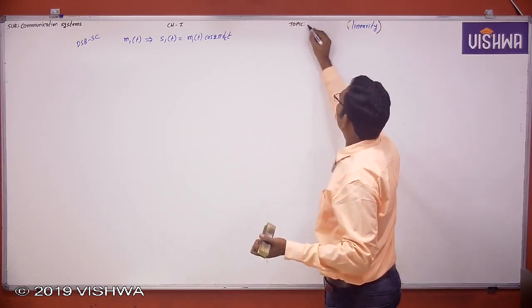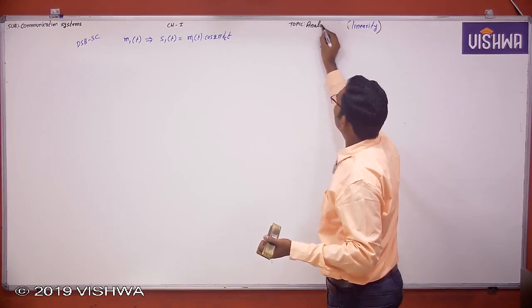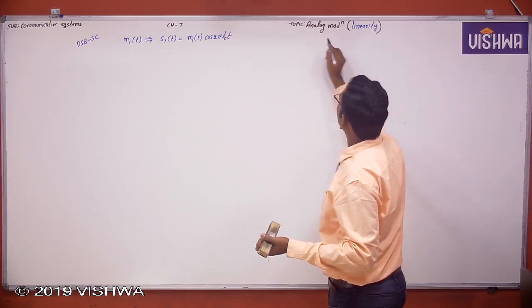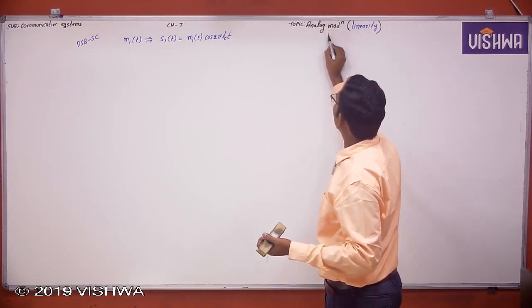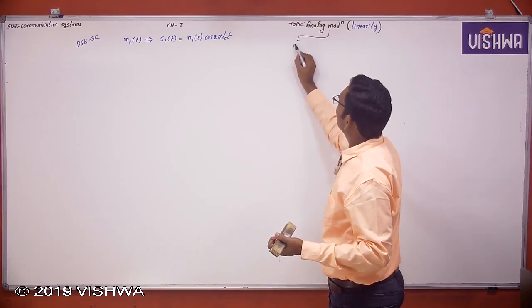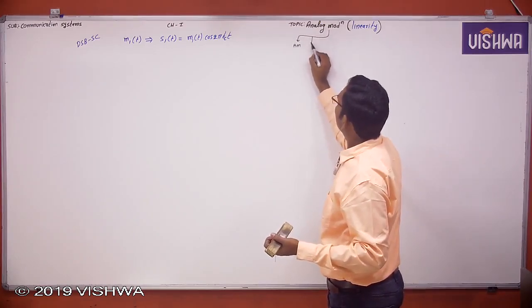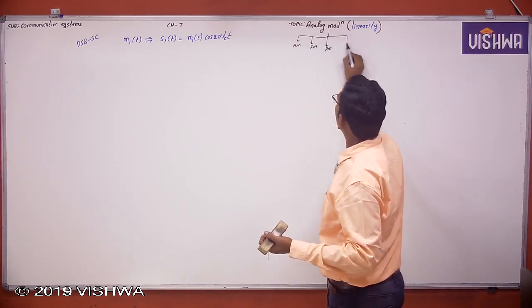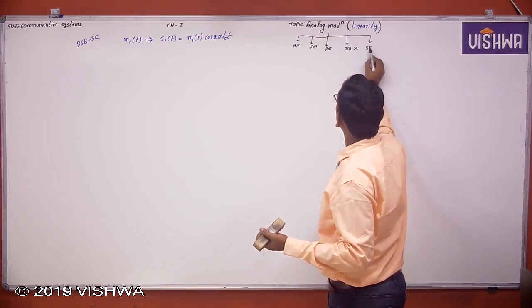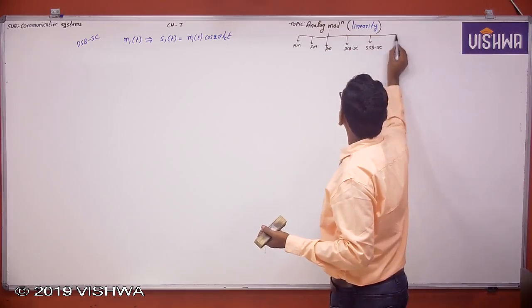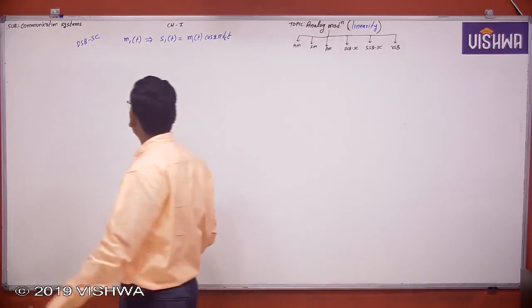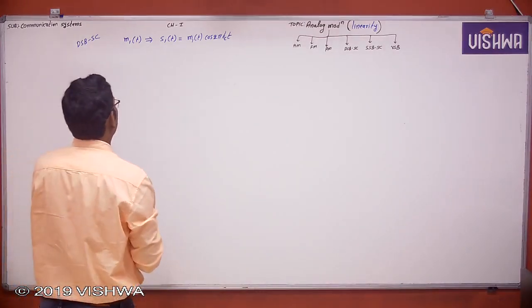We will find the linearity of AM, FM, PM, DSB-SC, SSB-SC, VSB-SC. We will find the linearities of all these. Now first we will start with DSB-SC for easy understanding.